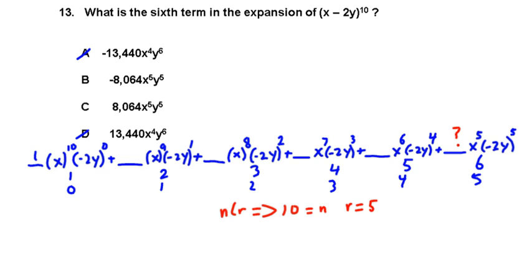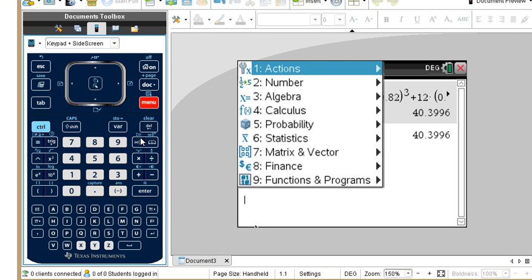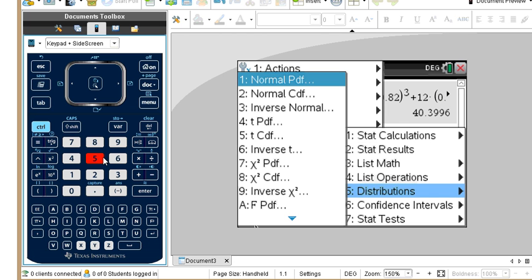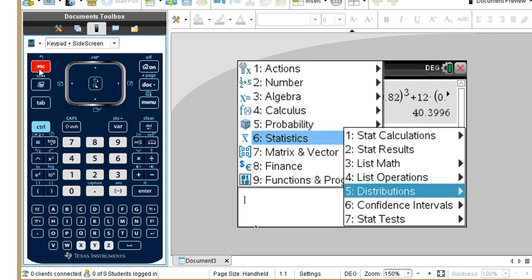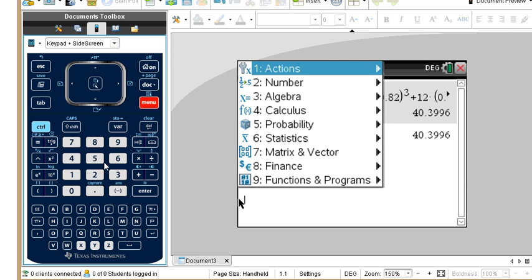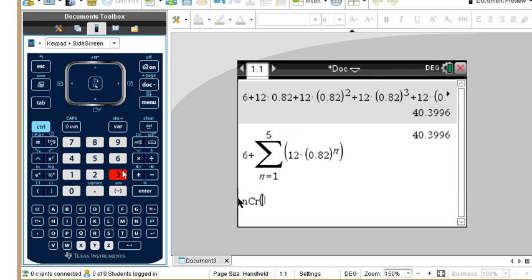So we go to our calculator, and we go to menu. We'll go to statistics, which is 6, and distribution, 5, and we have nCr. That's not what I want. Let's try it again. Menu, probability. I knew I'd get it right. Probability, 3, combinations.